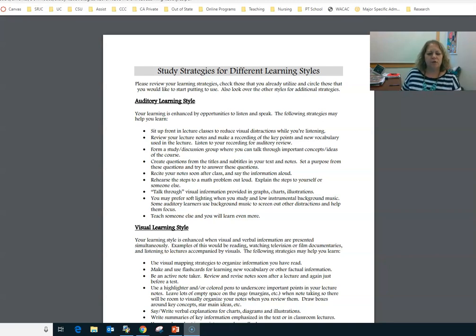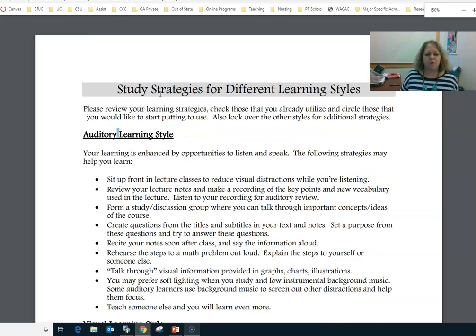Okay, so I really hope that you took the time to look over the study strategies for the various learning styles. And this sheet here shows, see if I can make it bigger. There we go.